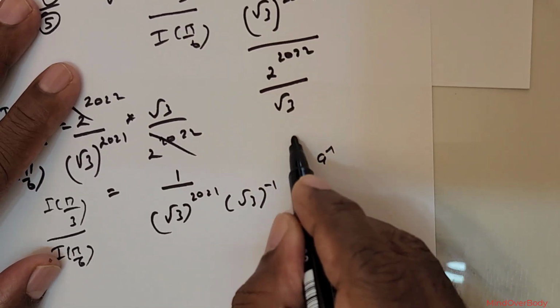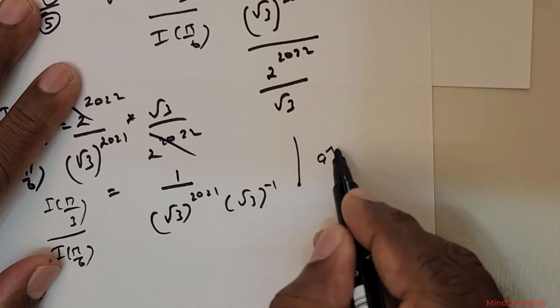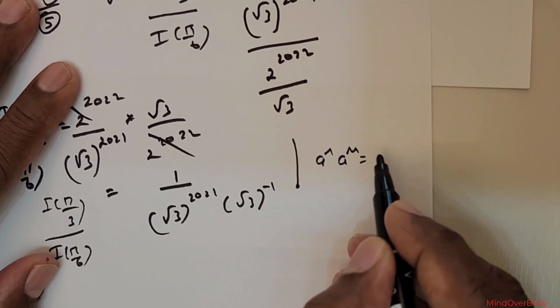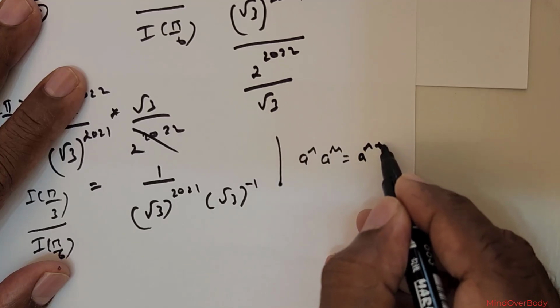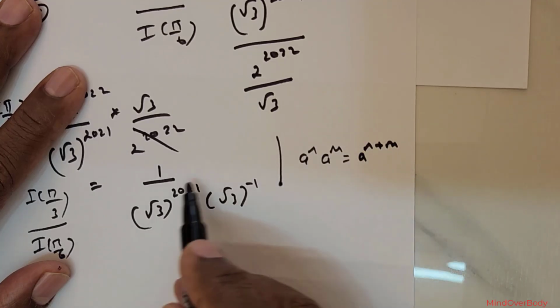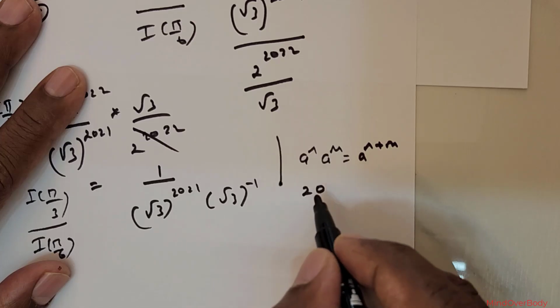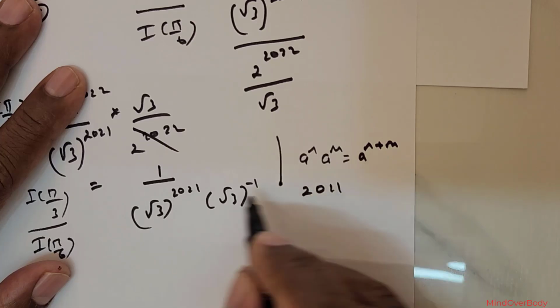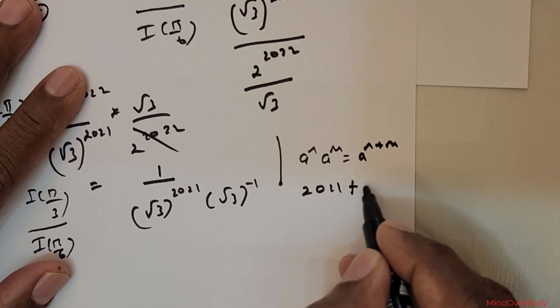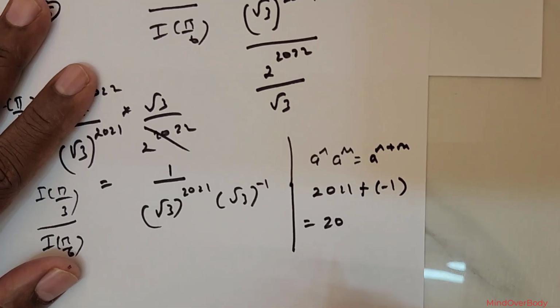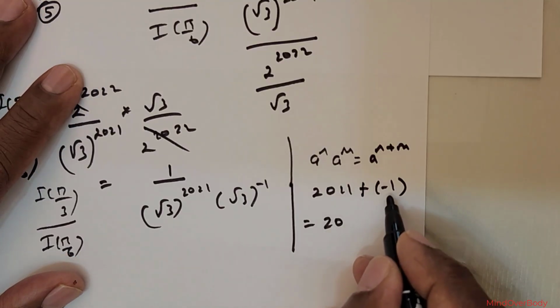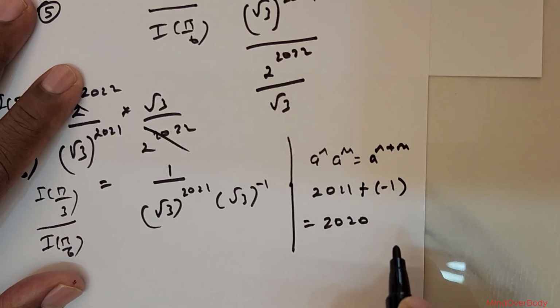Now a raised to the power of n times a raised to the power of m is a raised to the power of n plus m. So this will add up 2021 with negative 1. That would give me 2021 minus 1. That's going to be 2020.